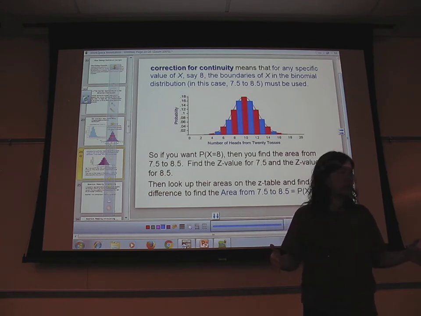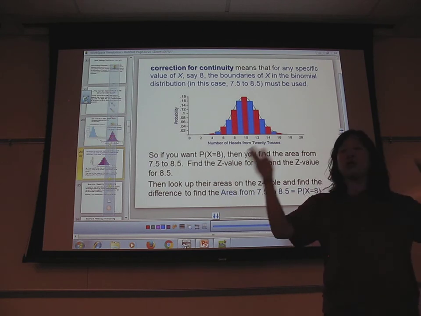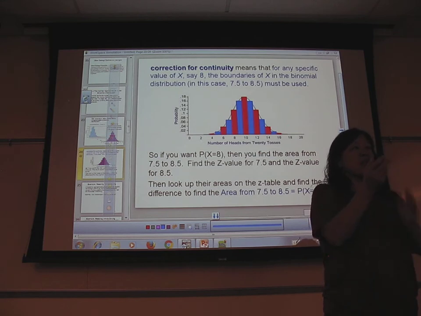Do you guys see what I'm saying? Because that's its boundaries. If you have a ruler that only goes in whole centimeters, remember we did this before, then 8 centimeters really means anything from 7.5 to 8.5 centimeters. You're just going to round to 8.